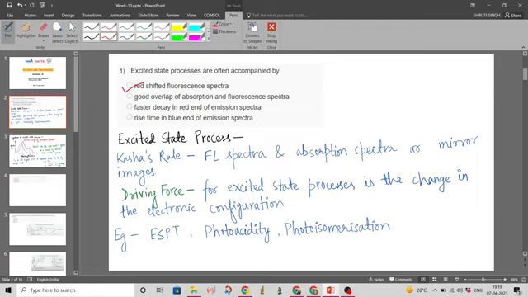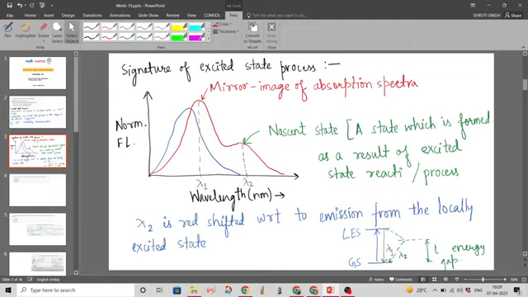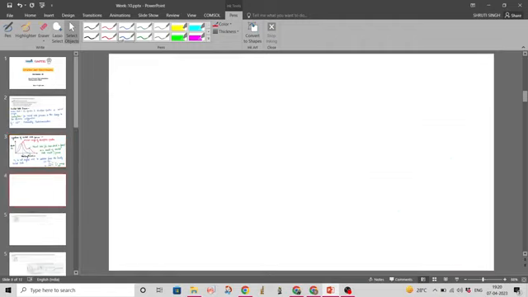Now let's discuss a bit about the rise time in the red and the blue end of the spectra. This nascent state was not there initially, so it is formed as the excited state process is happening.